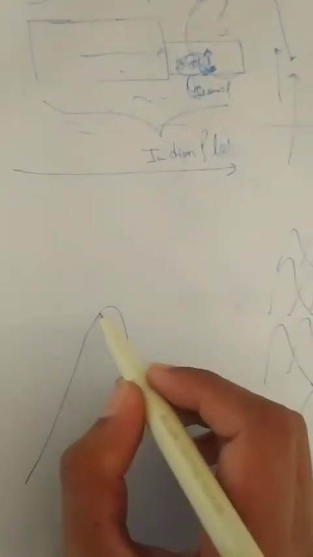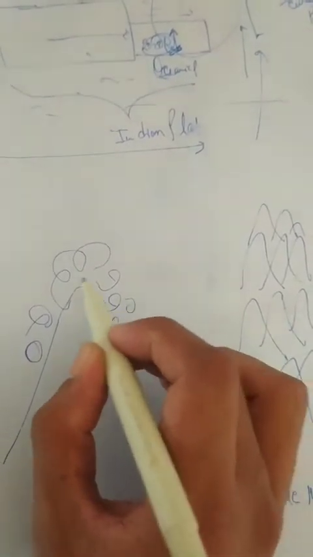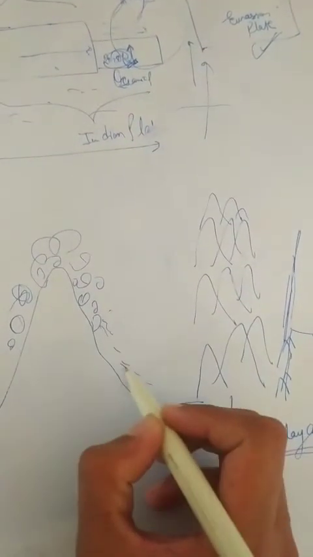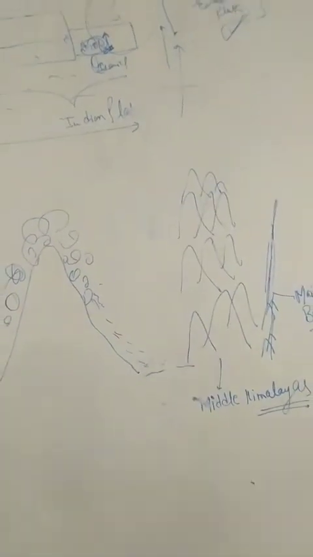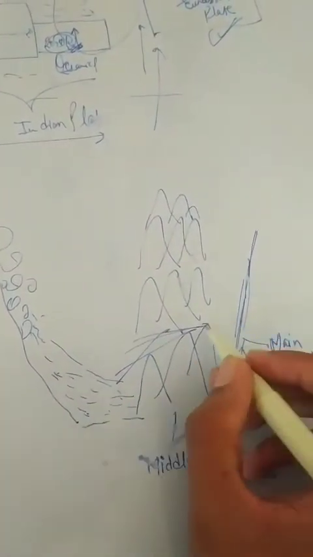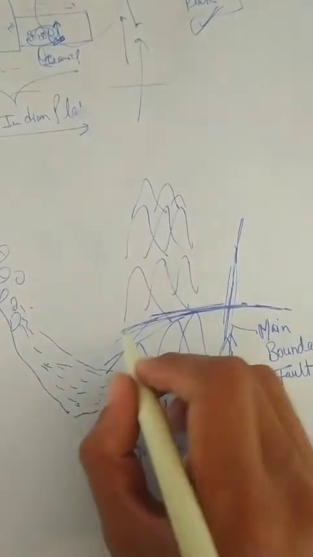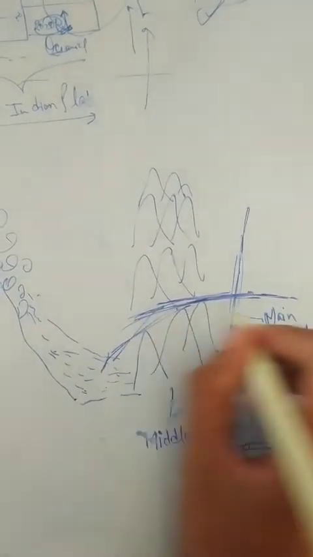As we know, a large number of glaciers are located in the Great Himalayas. So various perennial rivers emerge from the Great Himalayas, for example Ganga and Yamuna. These rivers cut through the Middle Himalayas, making their course in between the Middle Himalayas.